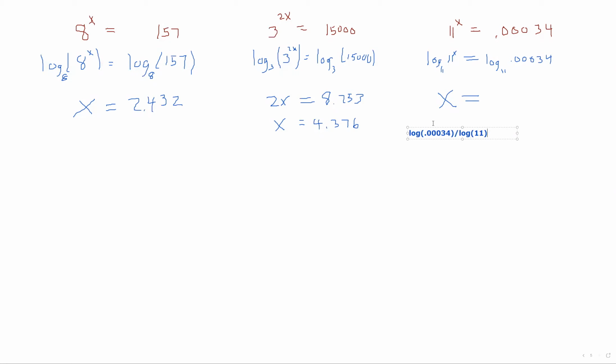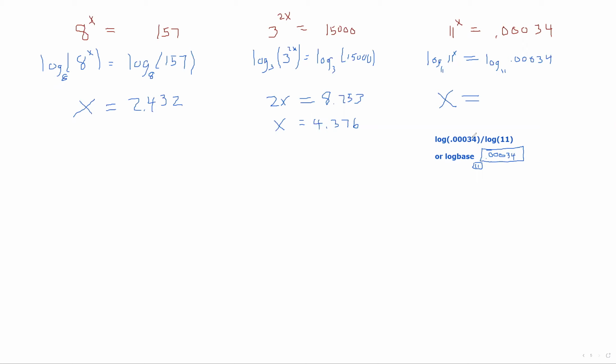And you can do that on contemporary calculators if you don't feel like going through the menus. Or you can just do log base and put the 11 down below and put the number we're putting up here above.